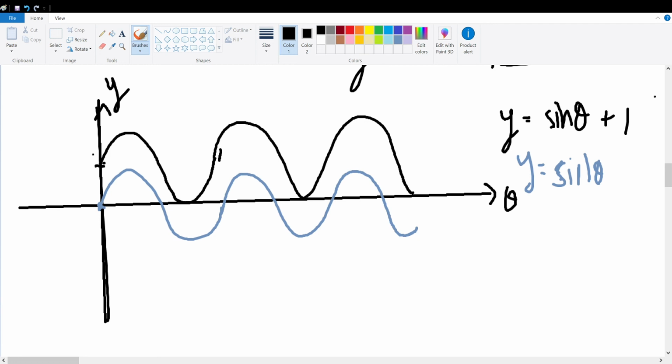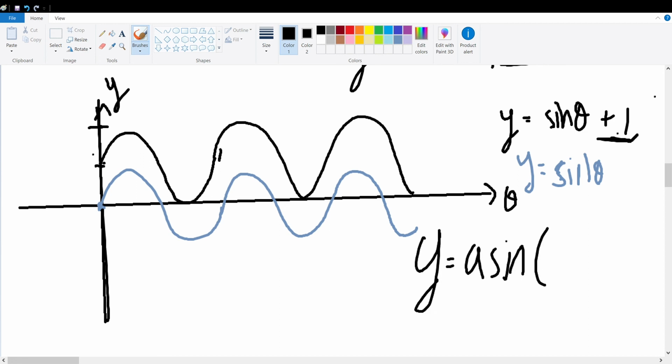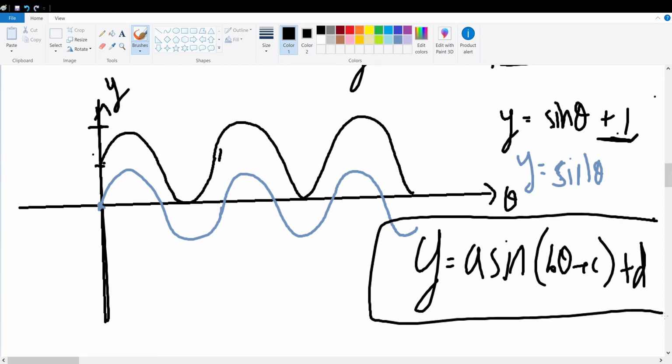Notice that the maximum value, when shifting it up by a unit, will be changed to 2, as the highest value that the sine of theta plus 1 function can reach is 2, not 1 anymore, as its middle value is 1. So that concludes our general function of y equals a sine of b theta plus c, plus d. This concludes our explanation on the sine function.